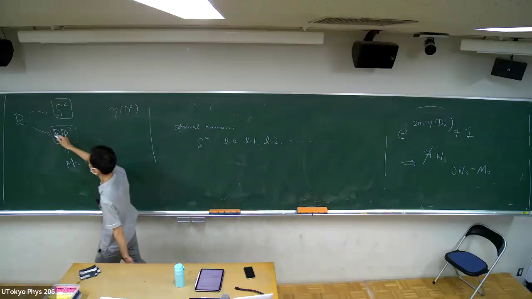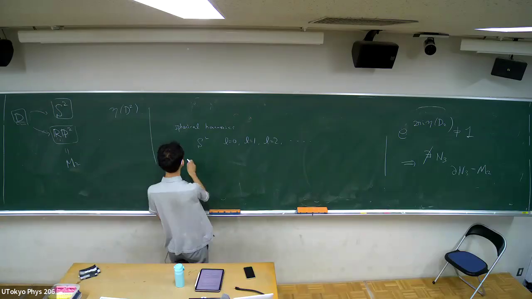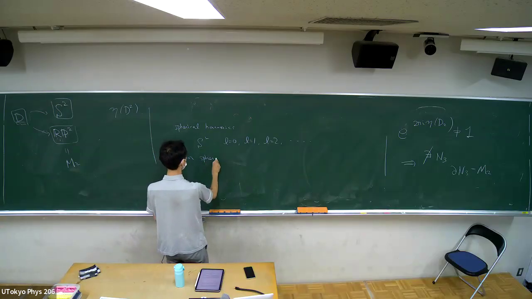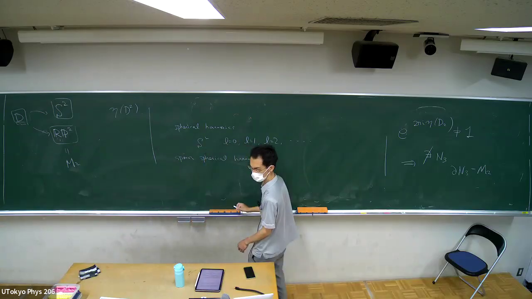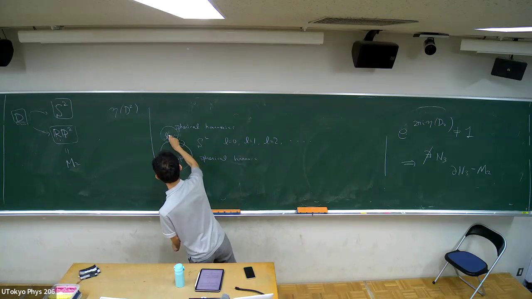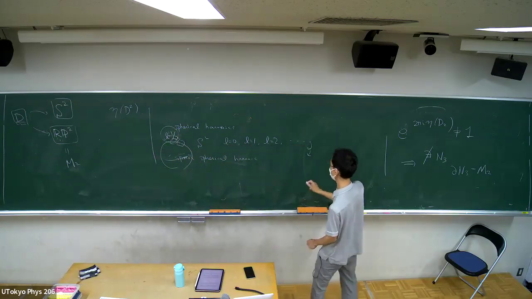But the Dirac operator acts on spinors. So you need to know spinor spherical harmonics. But it's very simple. On S2, at each point, you have just a two-dimensional spinor, which basically transforms as L equals 1/2. So all you have to do is to multiply this by a qubit.